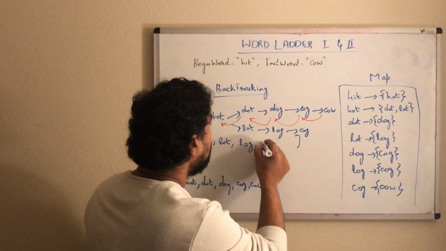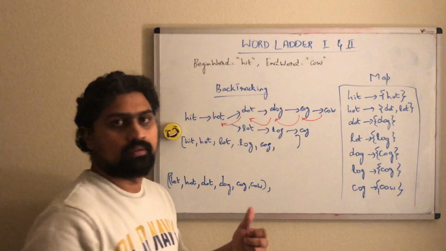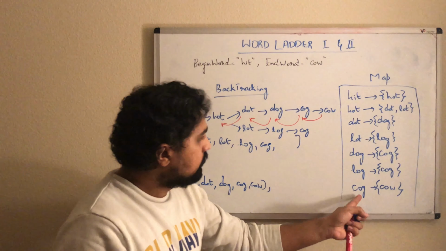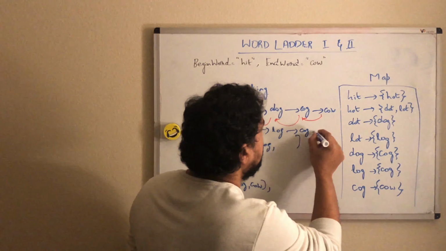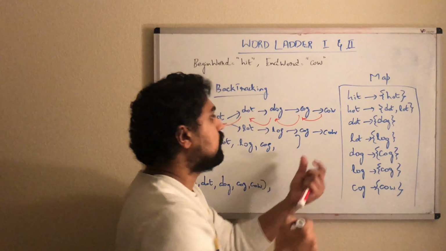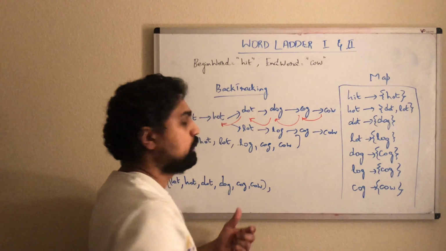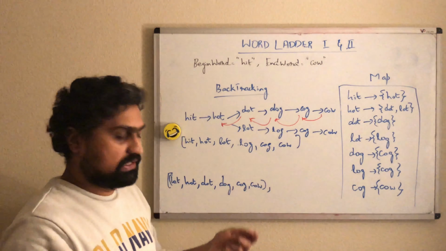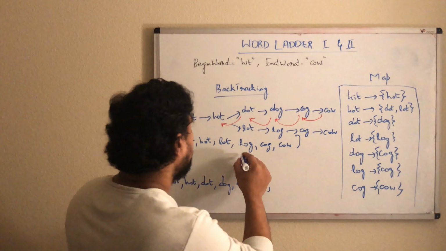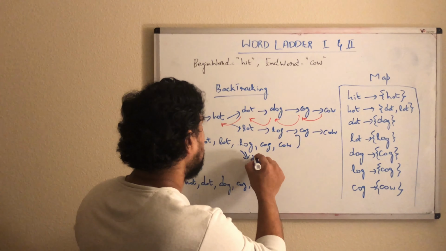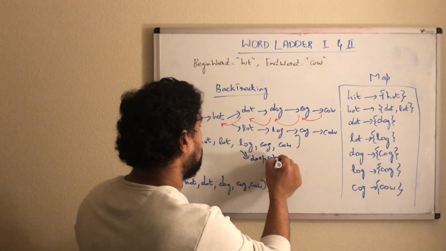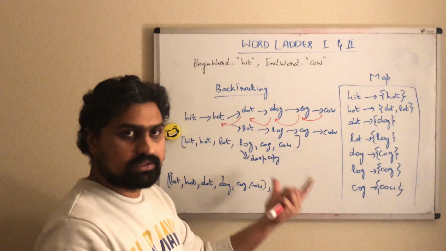We'll add the word cog to this output. Now from cog we obtain this word cog again. Now cog is our end word, so we'll add this word cog. Once again we make a deep copy of this list and add it to the output.